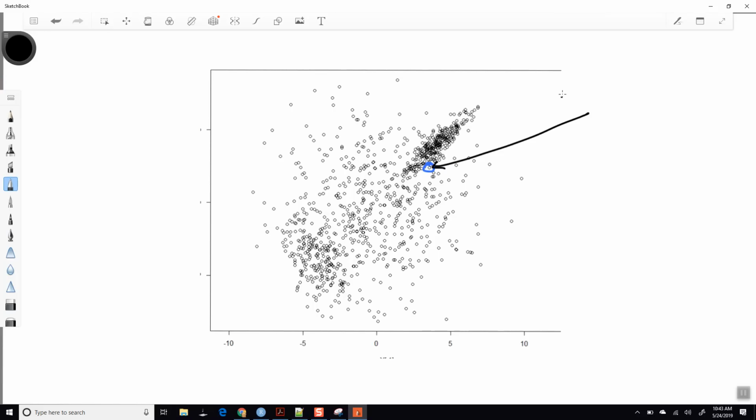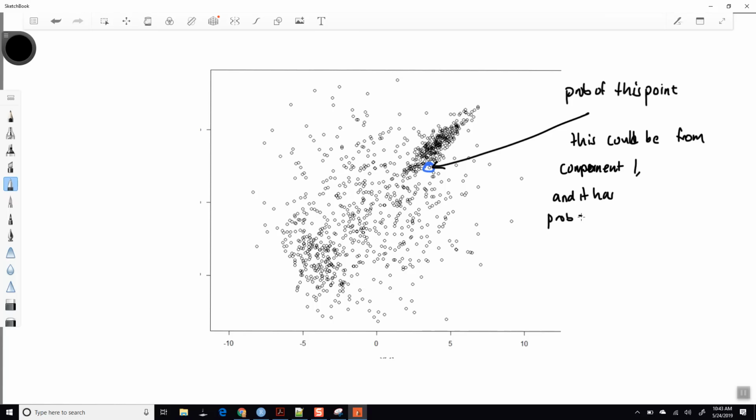The probability of this point is relatively high, because this point could technically be from component 1, the central one, with probability equal to the probability of the point 3 comma 3 coming from a normal distribution where 0, 0 is the mean and sigma is equal to 9009.